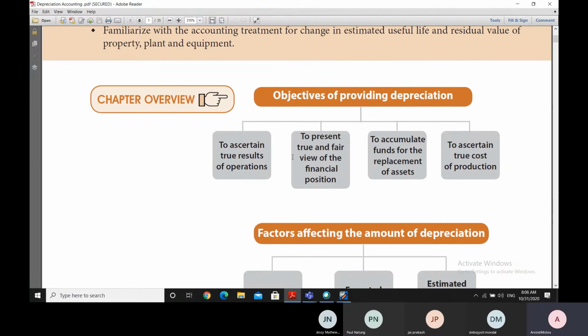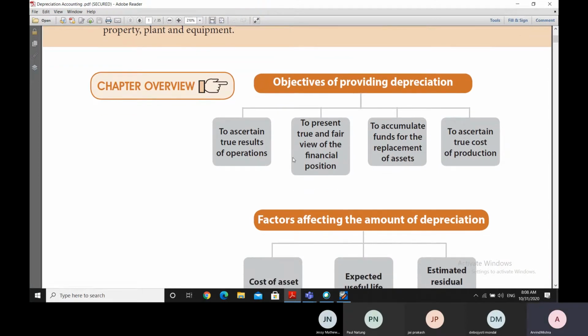So as an overview of this unit, we'll be studying the objectives of why depreciation is provided for in the accounts. Basically there are 4 objectives due to which depreciation is provided.